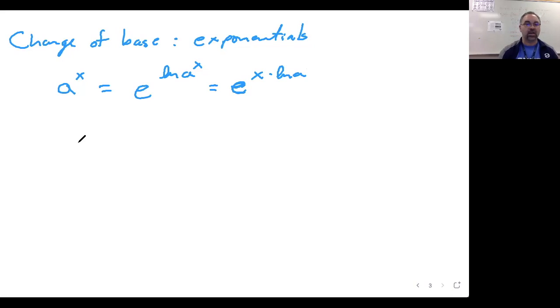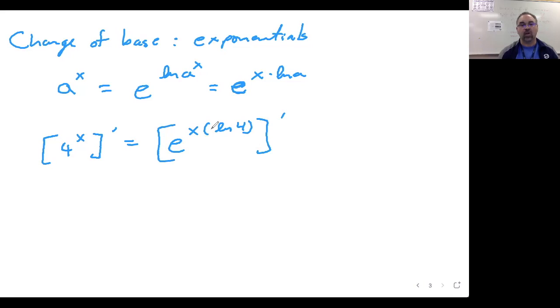So if I'm doing a calculus problem, and let's say I have 4 to the x power and I'm supposed to derive that, well, I don't really like that. Okay. Let me rewrite it as e to the x times the natural log of 4. Well, that's just a constant times x.